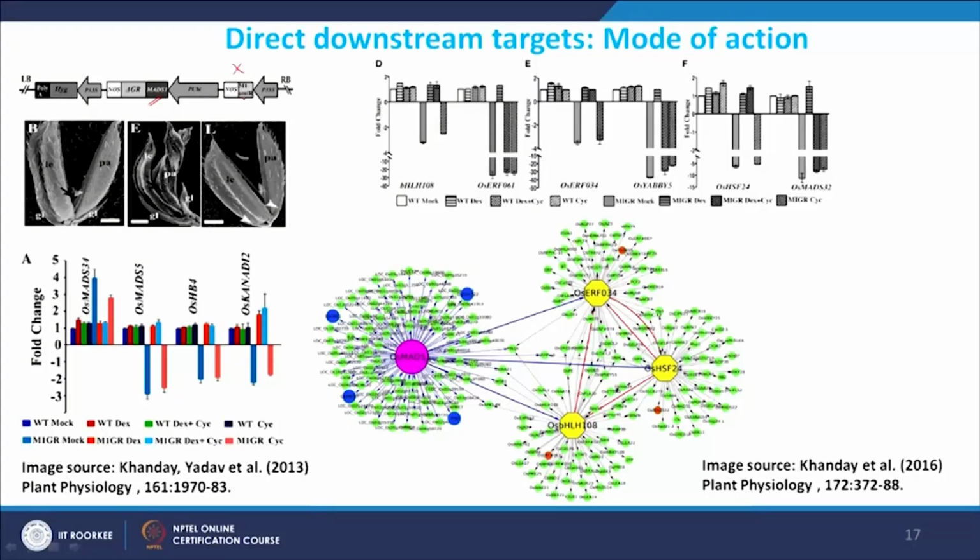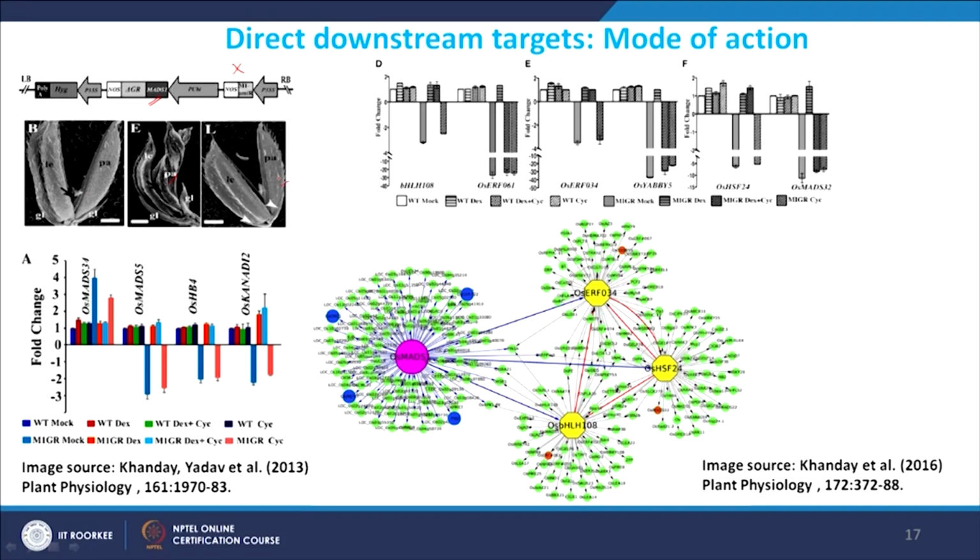Then this delta-GR MADS1, if you induce with dexamethasone, will complement the phenotype. As you can see, this is wild type. When you do not complement with delta-GR, the florets are like this, but when we complement with delta-GR after dexamethasone induction, the flowers are very normal.